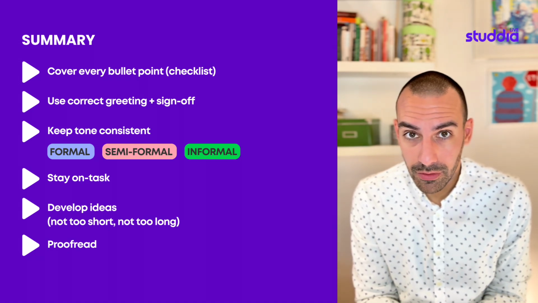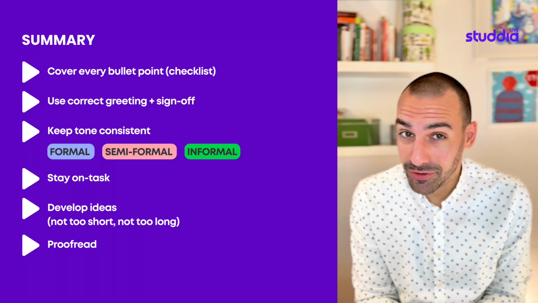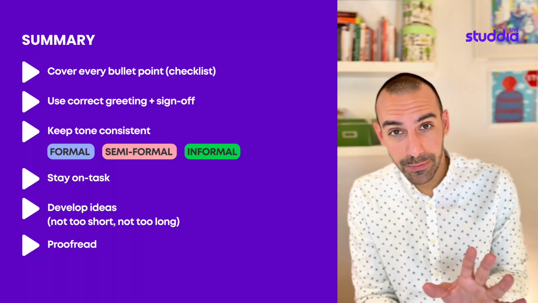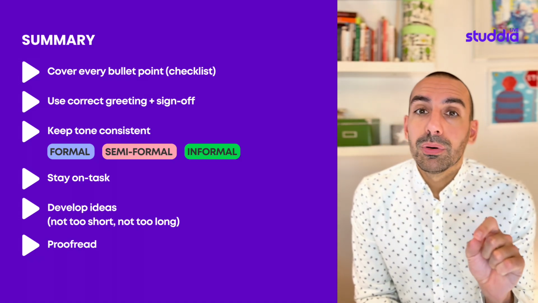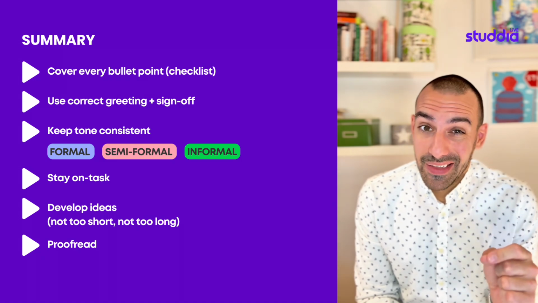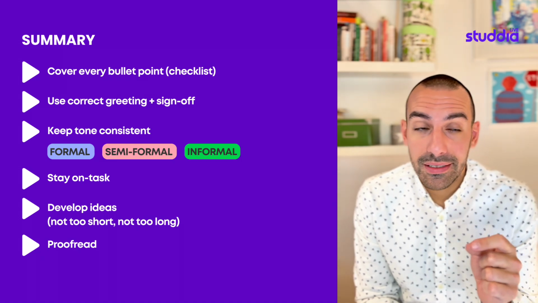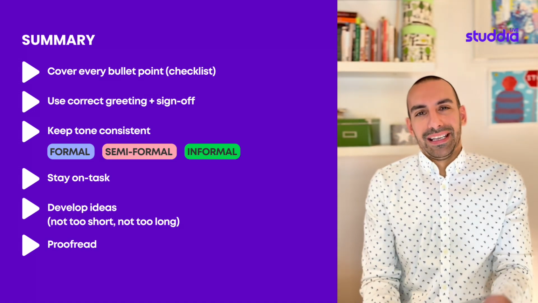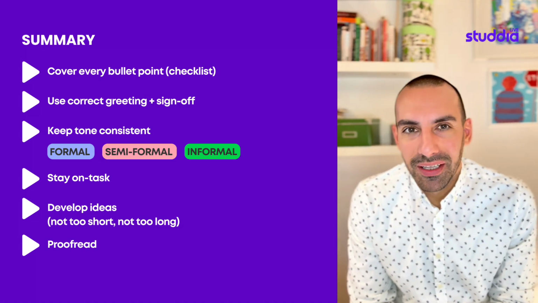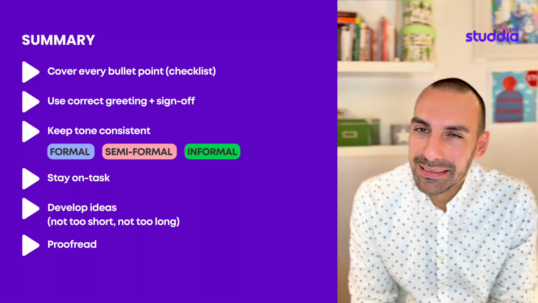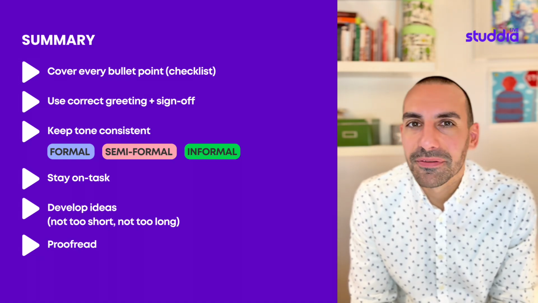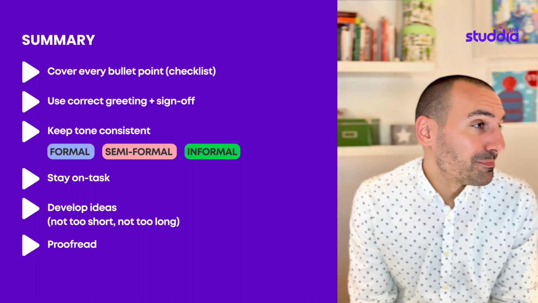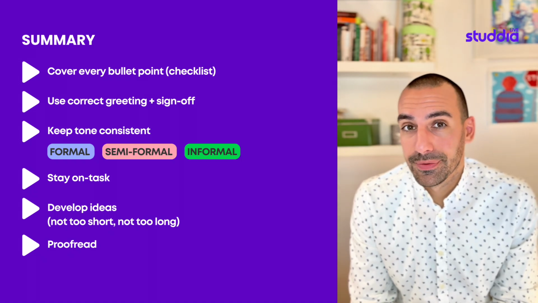Don't play with this. Don't do things you're not asked to do. Don't go off topic. Develop the bullet points properly. And 150 words is never enough. And finally, please don't lose points for careless mistakes like missing plurals, missing full stops, or basic spelling errors.